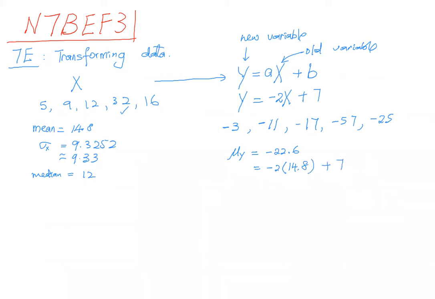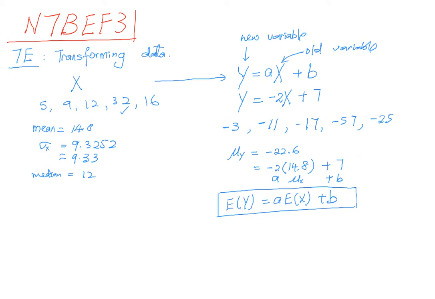This is your A, this is the mean for X, and this is your B. If I transform the data, the mean will transform accordingly. So I will write here expected value for Y. This is the first formula you have to remember: the expected value for the new variable is equal to A times the expected value of the old variable plus B.